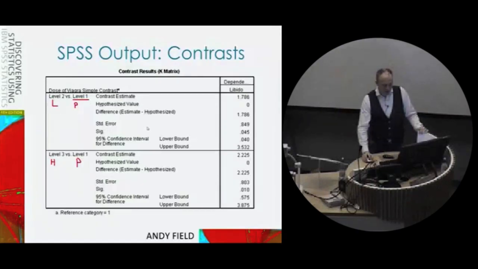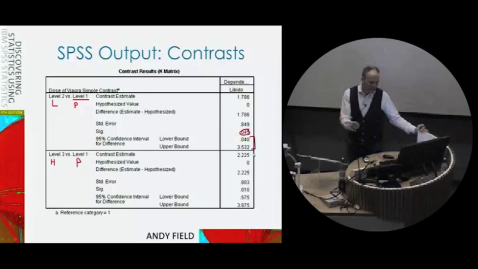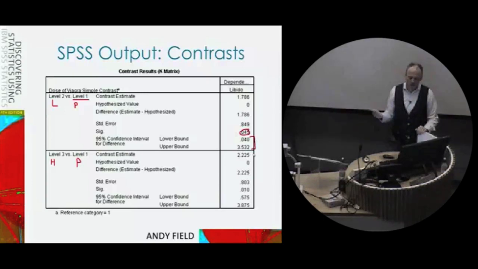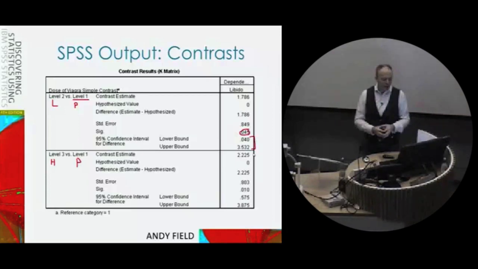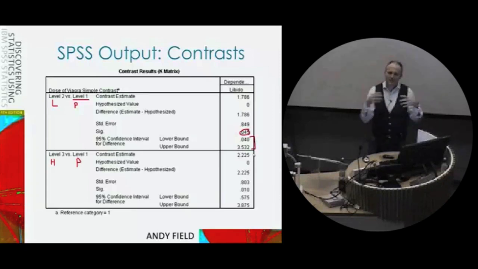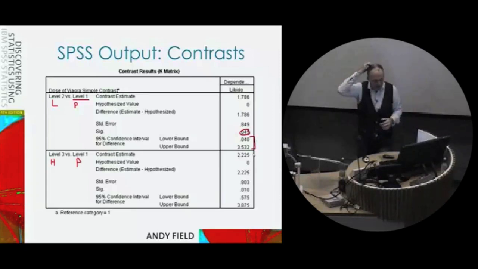So again, we can just look at the significance values and also the confidence intervals, and basically ask 2 questions. Is the sig value, the p-value, less than 0.05? And the second question is, does the confidence interval contain 0? Because remember, confidence intervals tell us about the likely value in the population.